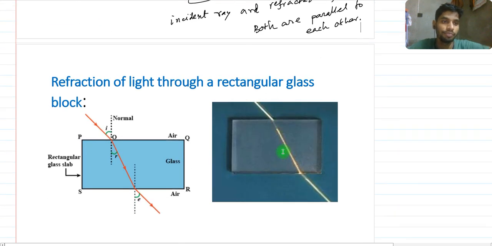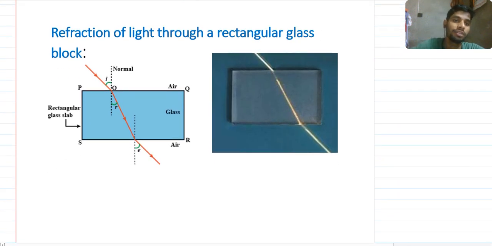Here also you can see refraction of light through a rectangular glass block. For the first interface, the PQ interface, you can write 1 sin i equals μG sin r, where the refractive index of glass is μG.